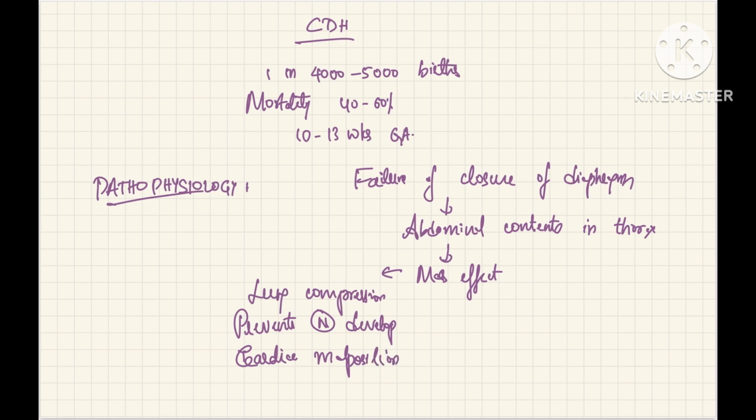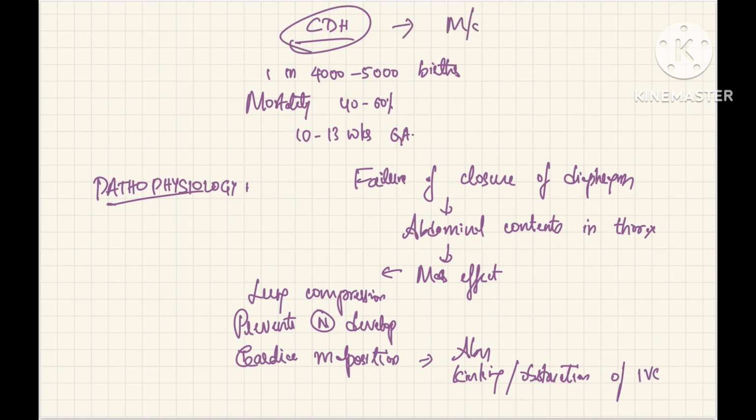There will be abnormalities, kinking or obstruction of the inferior vena cava. And congenital diaphragmatic hernia is most commonly seen on the left side.